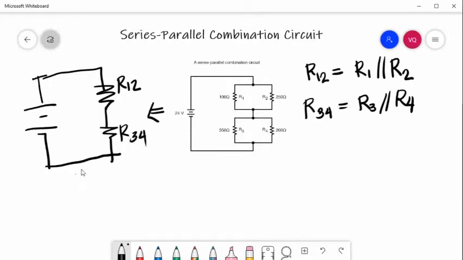Now we can further simplify this circuit. As you can see, R12 and R34 are in series. So the equivalent circuit now of this series combination looks like this.